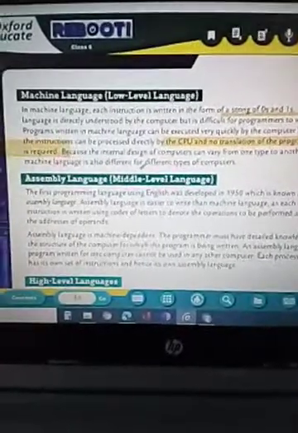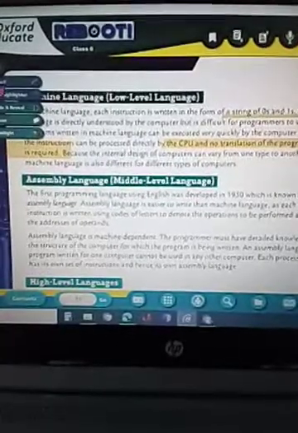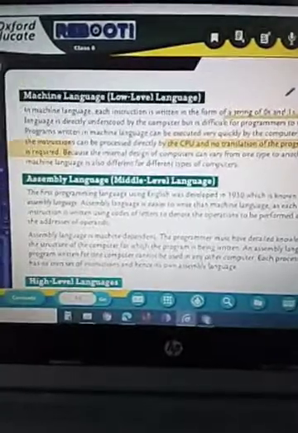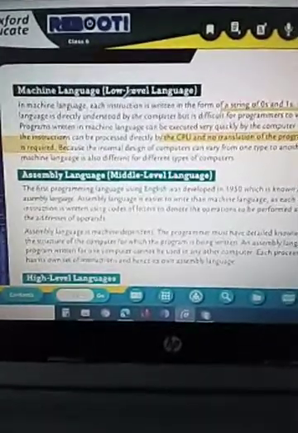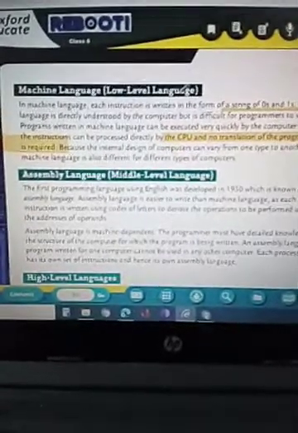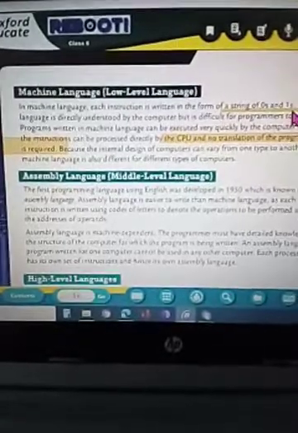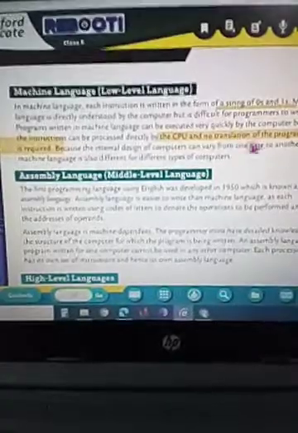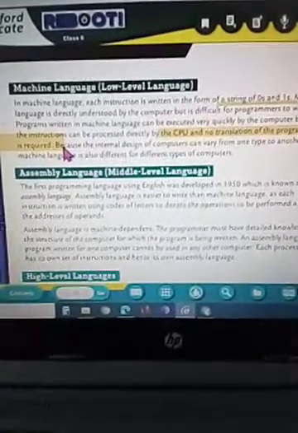Machine language is also called low level language. It is made up of zeros and ones, executed directly by the CPU, and no translation of program is required.